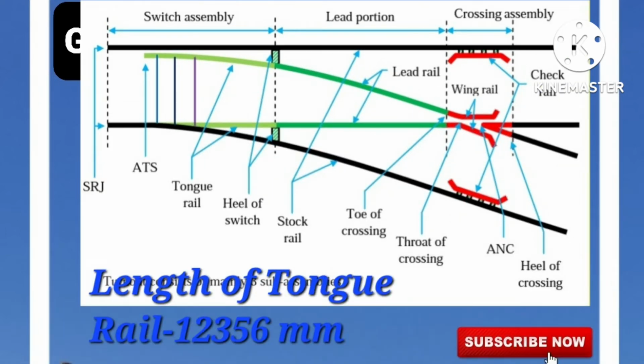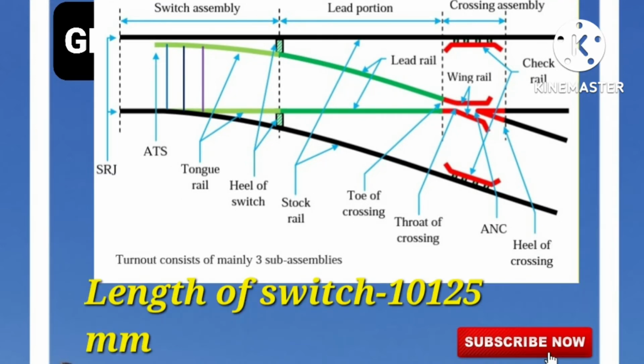Length of tongue rail: 12,356 mm. Length of switch: 10,125 mm.